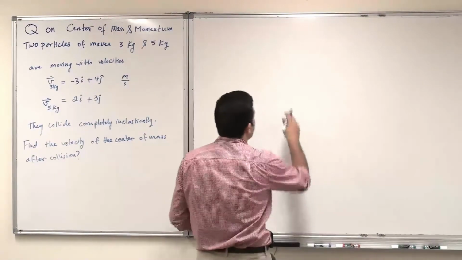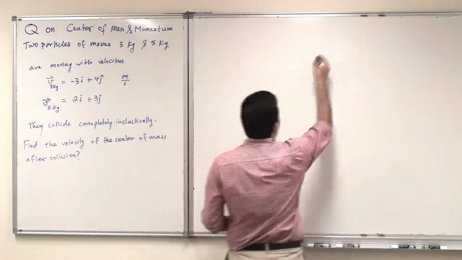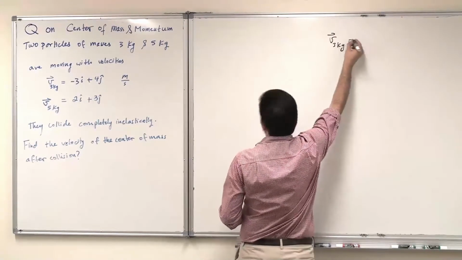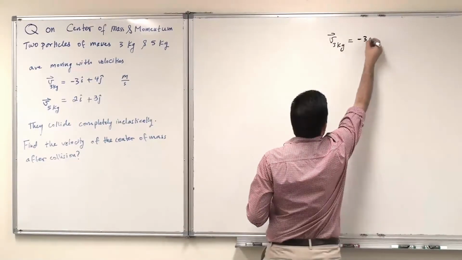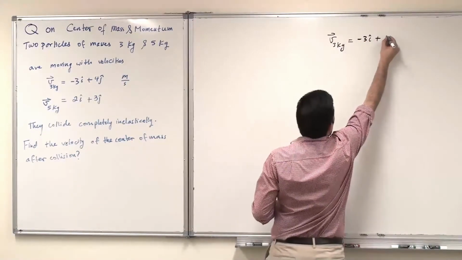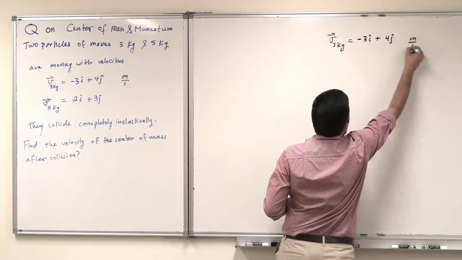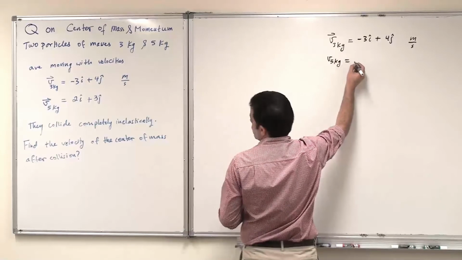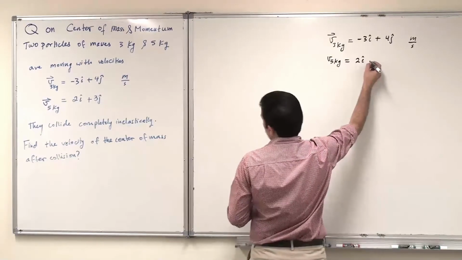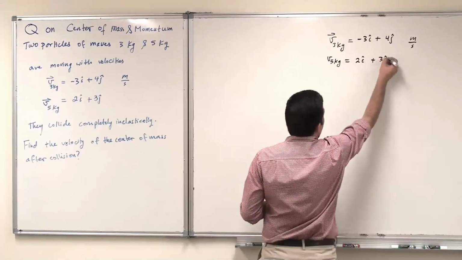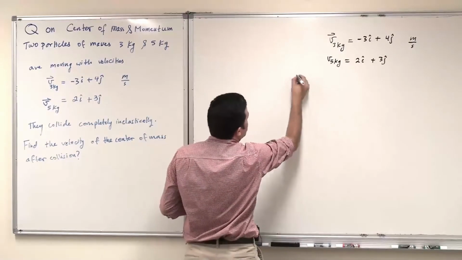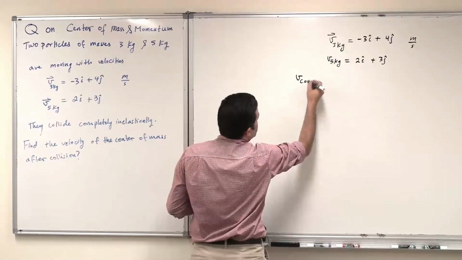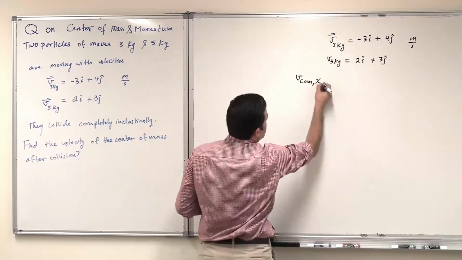So we have two objects, and we can rewrite the velocity of the 3 kilogram as minus 3 i hat plus 4 j hat meters per second, and the v of the 5 kilogram as 2 i hat plus 3 j hat. Then to find the velocity of the center of mass after collision, we have two components because it is a two-dimensional problem.